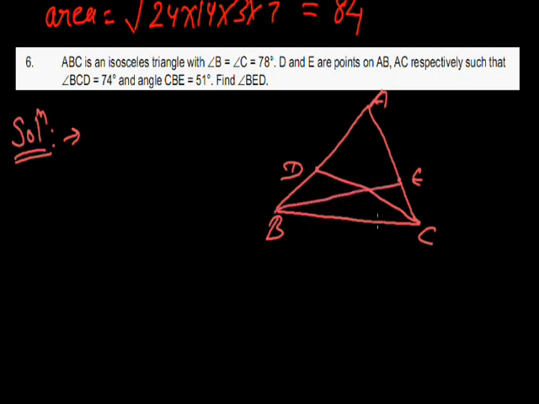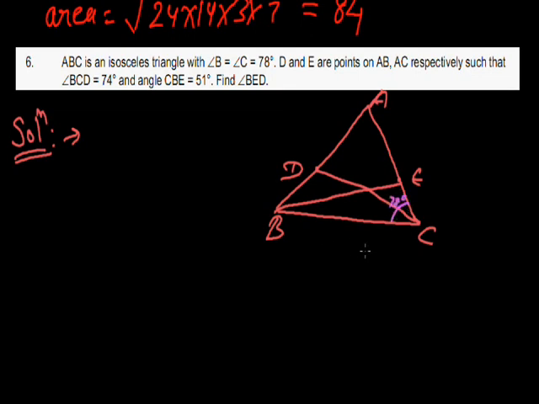As in the given question we have that angle B is equal to angle C is equal to 78 degrees. If angle B is equal to angle C, then the sides opposite to these angles will be equal. Angle C is equal to 78 degrees given to us.